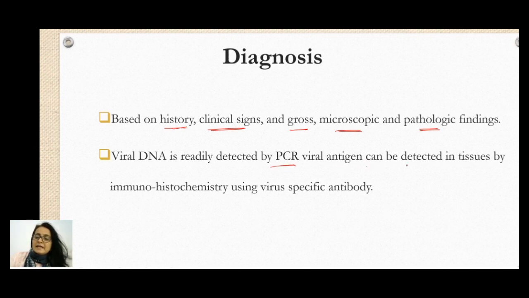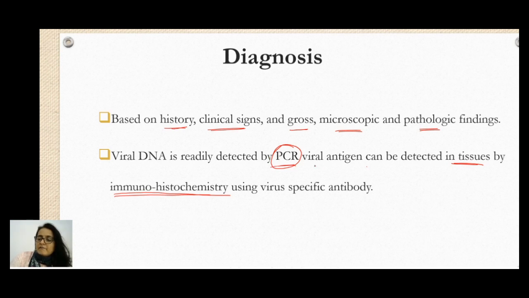Viral antigen can be detected in the tissue by immunohistochemistry, using virus-specific antibody. First, we detect the viral DNA by the PCR.